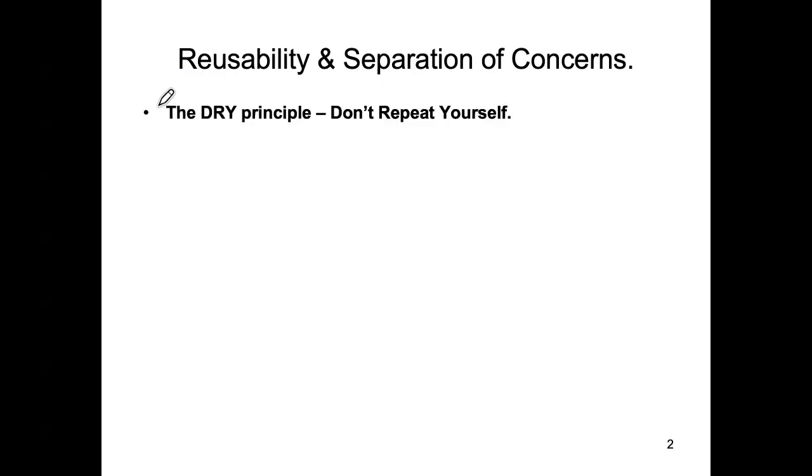Related to this is the notion of the DRY principle, where DRY stands for don't repeat yourself. The idea being that nowhere within your code base for a particular application should you have code that is repeated multiple times, albeit there may be slight differences between the repetitions.